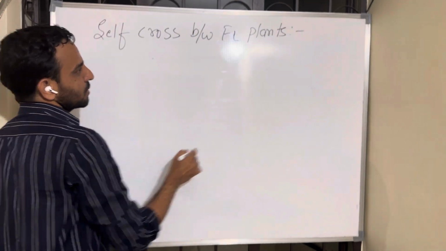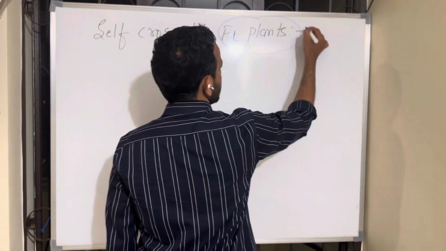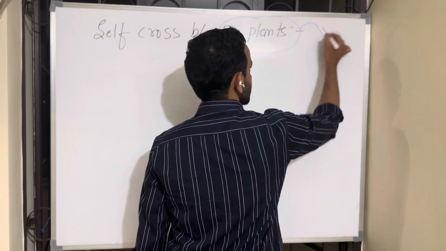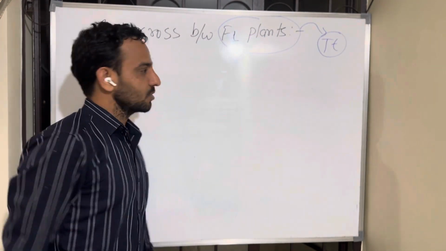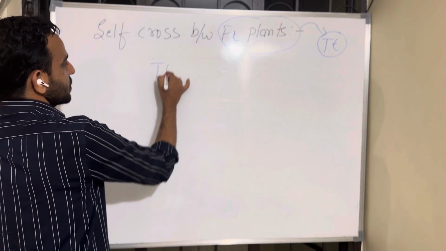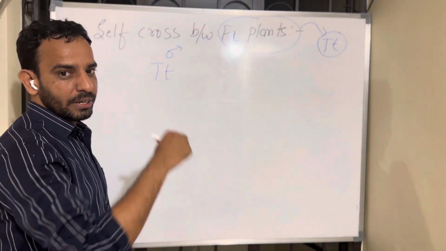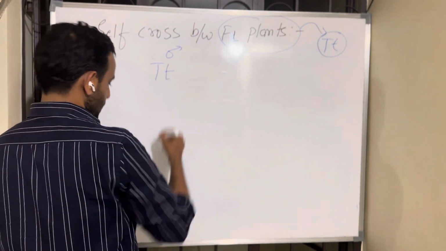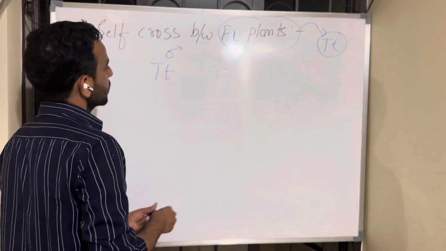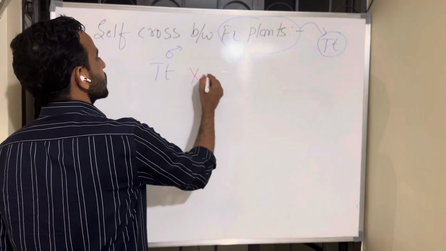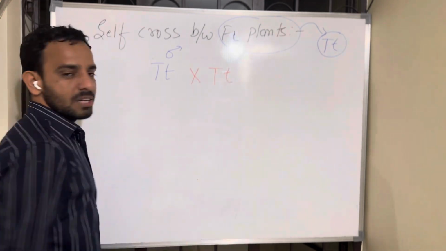What type are these F1 plants? We know that F1 plants are capital T, small t. So here this is capital T, small t. Let's say it is working like the anther, so pollen grain, the male gamete, it would contain. And this one is crossed with another one, capital T, small t.